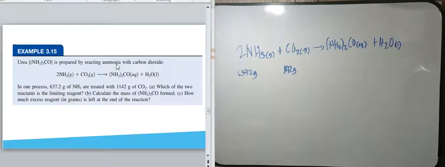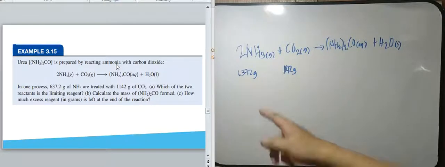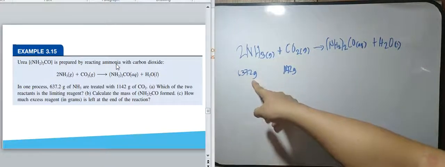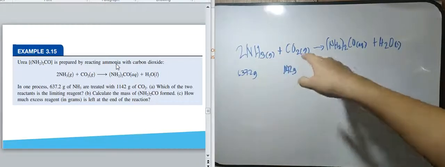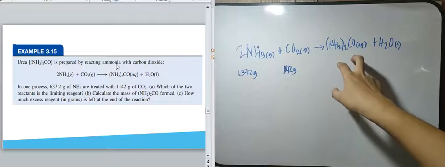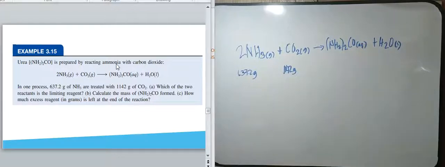So basically, on the first question, we need to identify which is the limiting reactant. From the given masses of the reactants, we can compute the number of moles of urea.